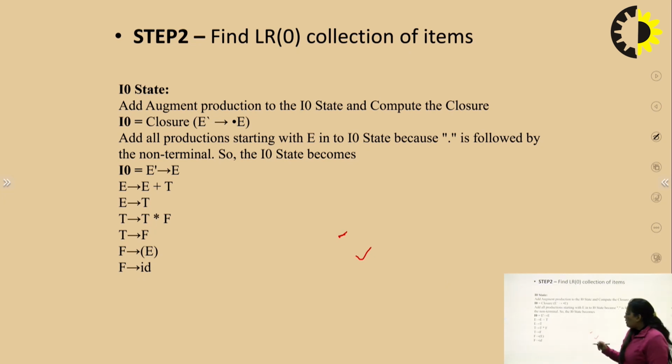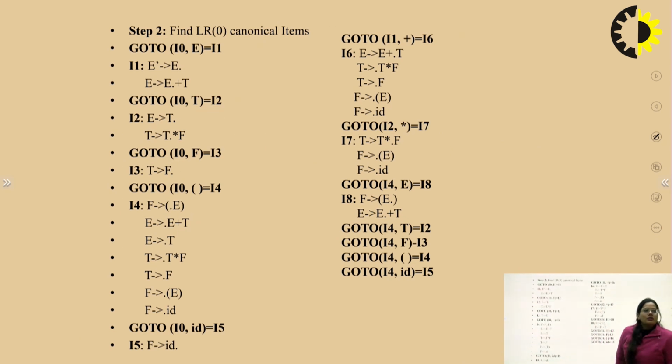So the I naught state becomes E dash implies dot E, E implies dot E plus T, E implies dot T, T implies dot T star F, and T implies dot F, and so on.